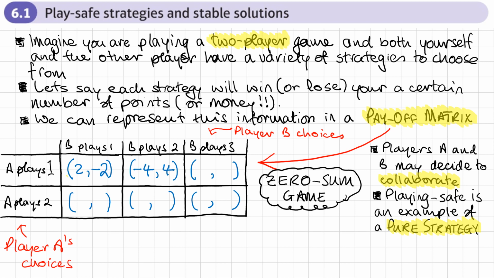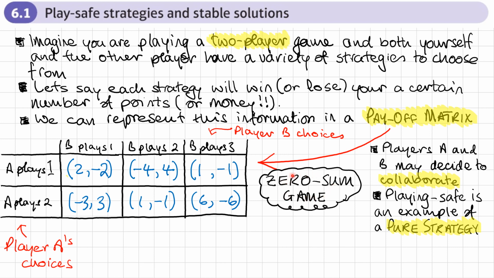And the same thing here, if player A wins 1, player B loses 1. So this is another way in which the winnings can be shown. One person's gain is the other person's loss. So let's complete this bottom row here. So this completed matrix now shows a zero-sum game.